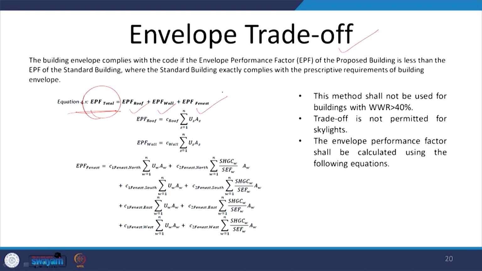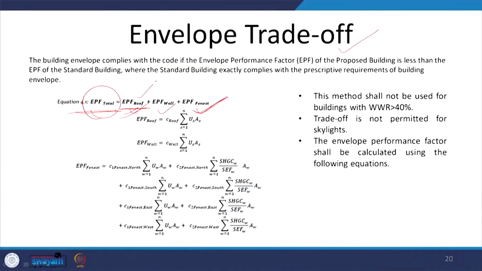What we are doing here is fundamentally compensating for a reduced performance of one component with an increased performance of another component. This is the trade-off, but it is only between the components of the envelope. So, we are looking only at roof, wall and fenestration here and using their performances and efficiencies interchangeably.